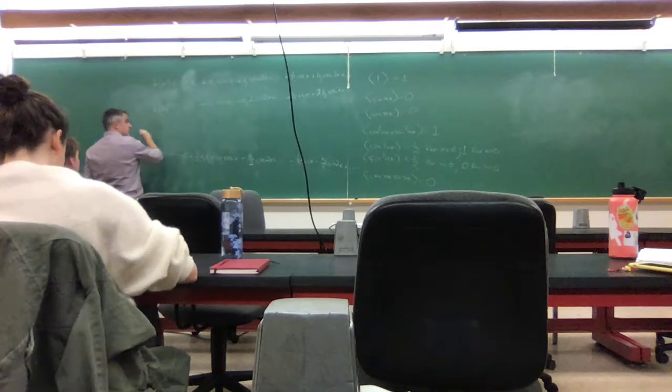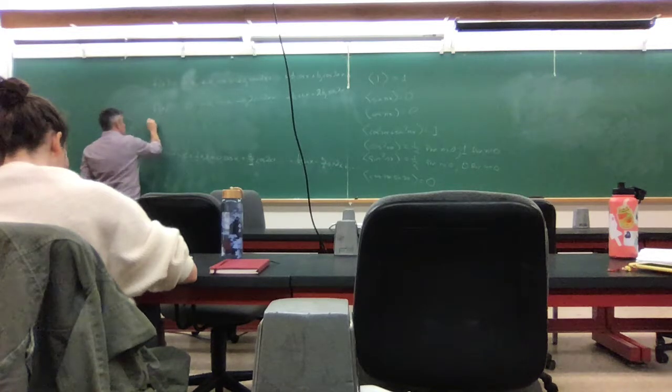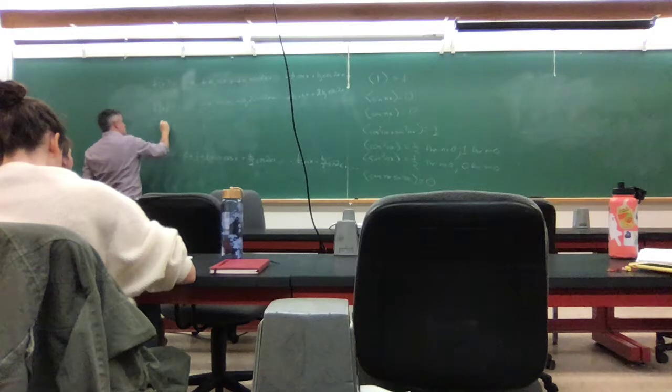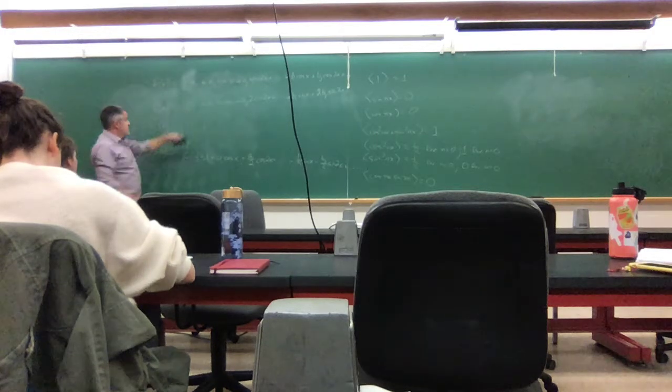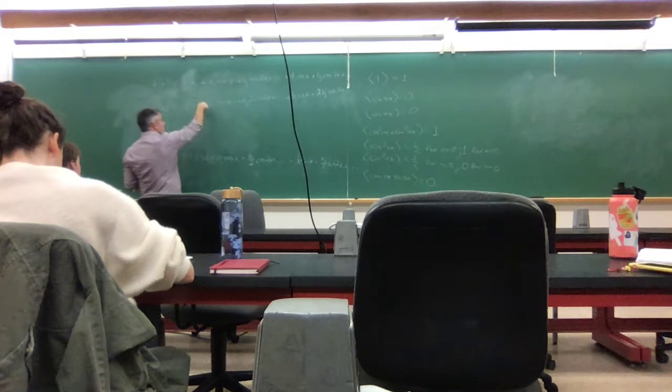There's one more piece in the Fourier series which is going to be useful later. What's the second derivative of the Fourier series? So this part is still gone. But what's this one?